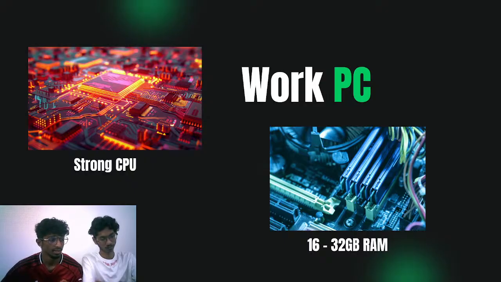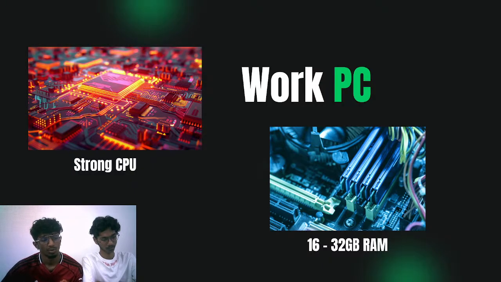Another key component is RAM. Work PCs benefit greatly from having more memory because professional software tends to use a lot of it. So for most work PCs, 16 GB of RAM is considered the bare minimum for smoother performance.